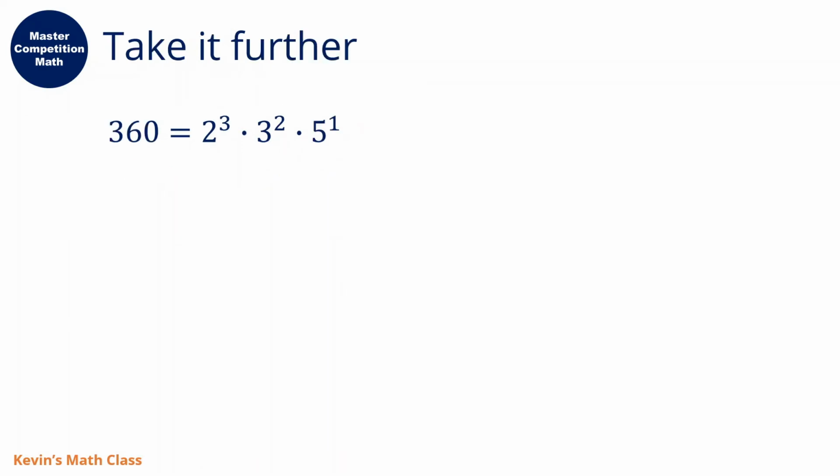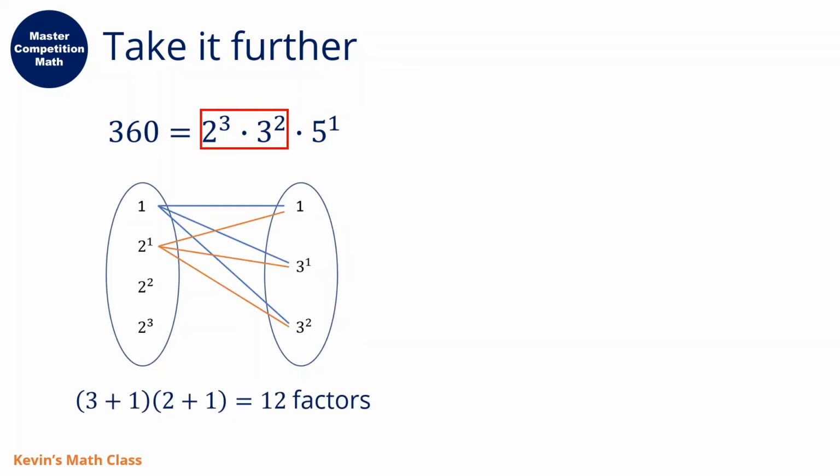So let's take it further. When the number is bigger, say we have 360, we have 2 power, 3 power, and 5 power multiplied together. How can we do that? Let's first consider the first two. We know that for the first two, there are 12 factors.